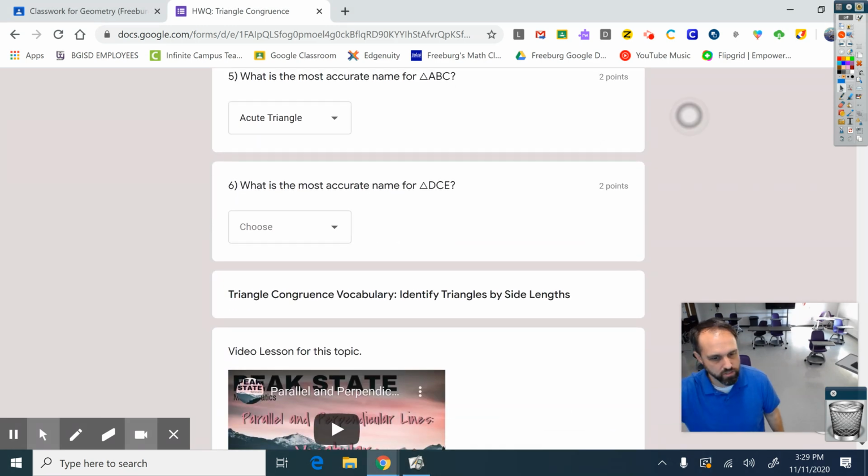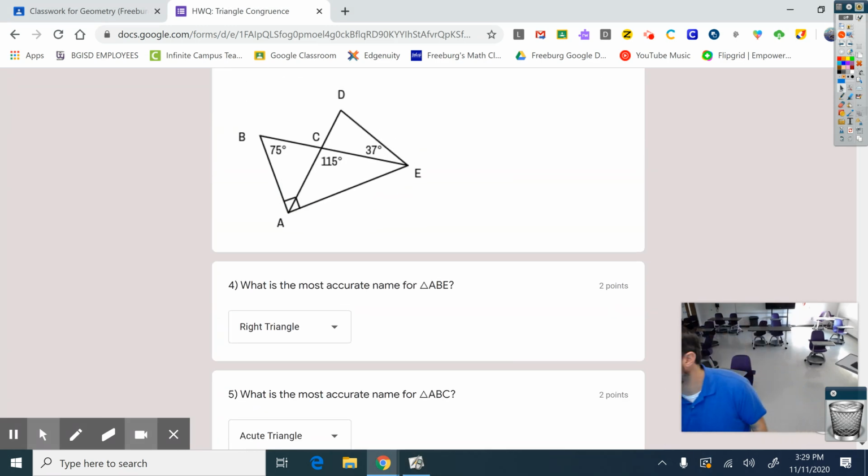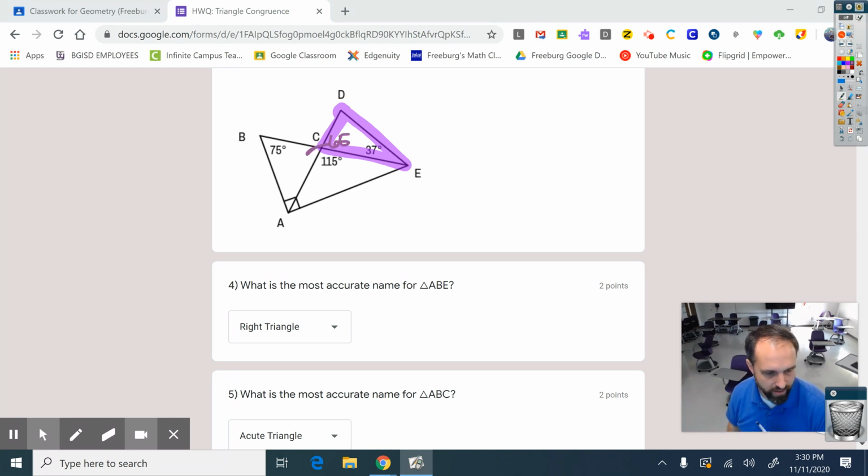Okay, number 6, what's the most accurate for DCE? Kind of a similar approach here. Let's go take a look. You know that this angle measurement is still 65 degrees. That's a vertical angle there that could have helped us. Or again, we've got the linear pair.